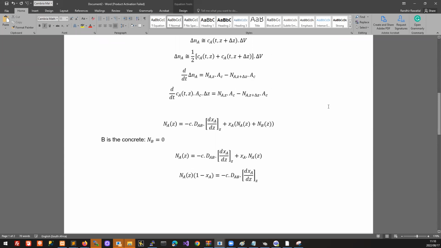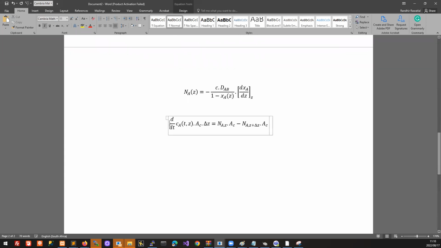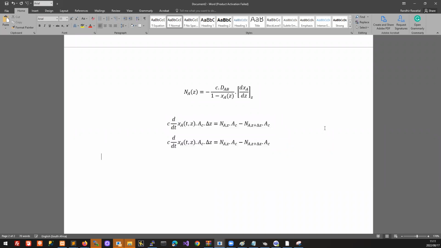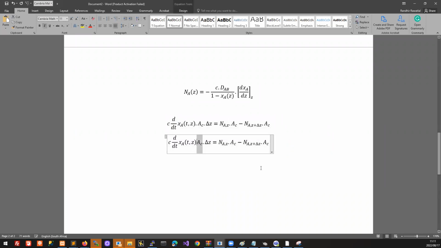So if we remove a concentration here, we can say the concentration is equal to the total concentration times the mole fraction. The total concentration in this liquid is not changing, so we can rewrite it like this. So that's one thing we can do to update our equation. And then the other thing we can do is, we can see AC occurs throughout this equation, so we can cancel that everywhere.